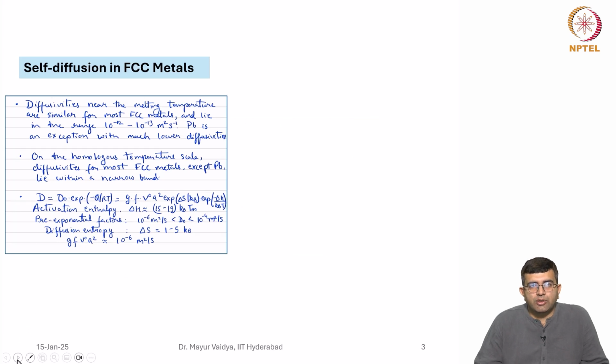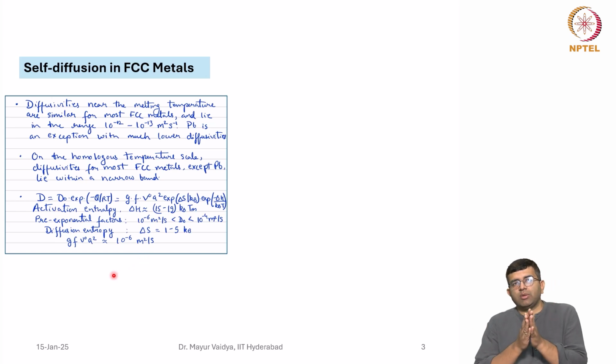And the diffusion entropy is 1 to 5 kB, and the pre-exponential factors are from 10 power minus 6 to 10 power minus 4 meter square per second. Even the pre-exponential terms in the D naught all have a very similar value, up to 10 power minus 6 meter square per second.